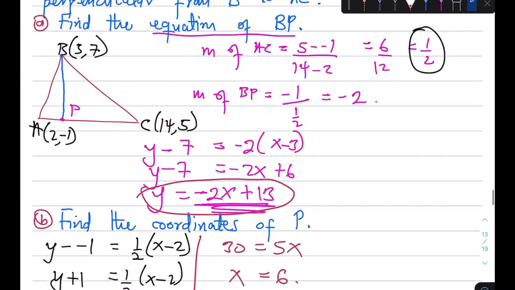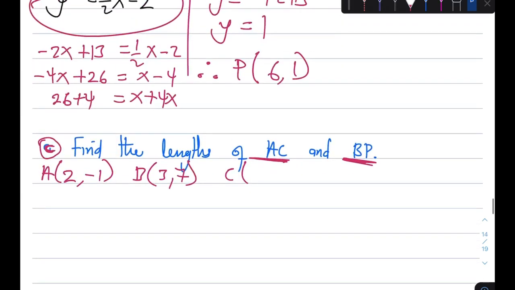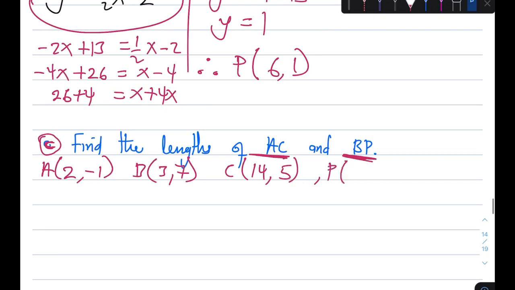C is (14, 5). And then P is (6, 1). So for the length of the line AC, if you do not know the formula or you have very little knowledge on the length of a line, I have a video on that, so check it out on the channel.